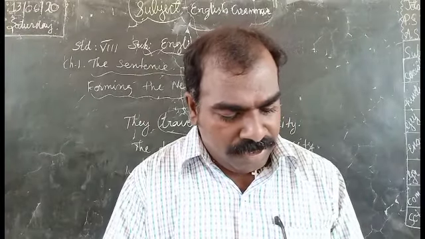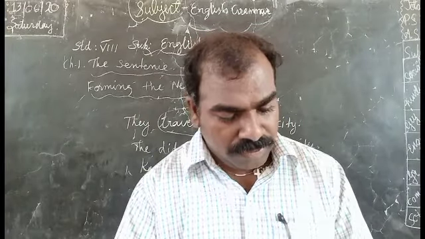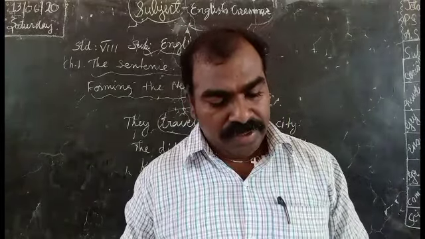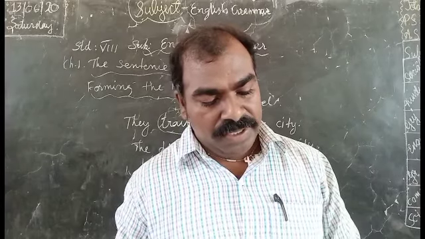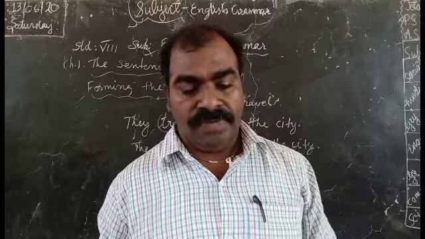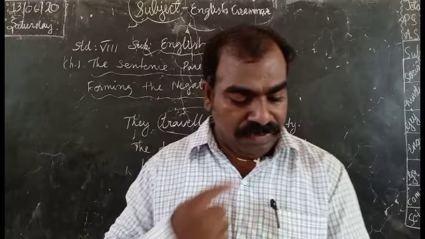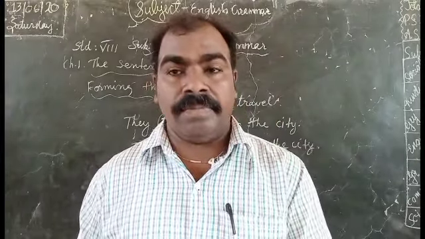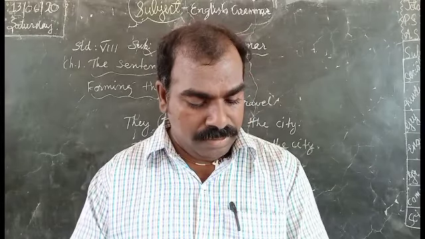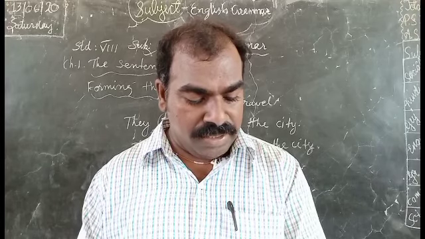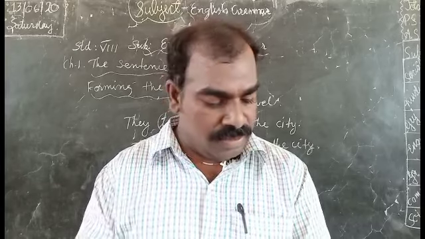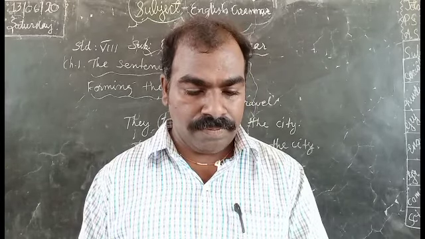With an auxiliary verb including modals, we add not after the auxiliary verb and the main verb is then used in its base form or the participle form. Example, we will reach on time. We will not reach on time. They have finished the assignment. They have not finished the assignment. So this is how we change to negative.